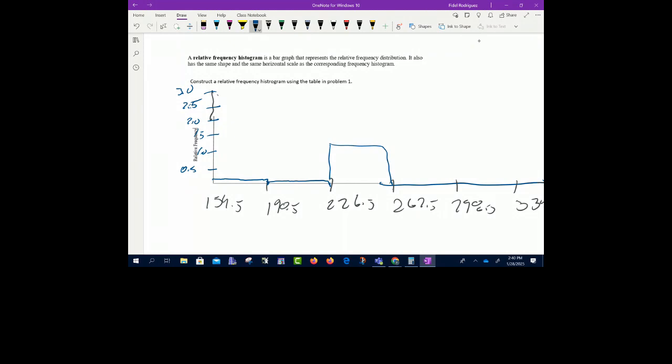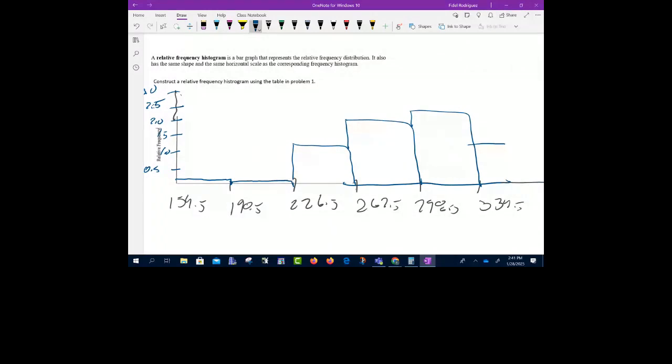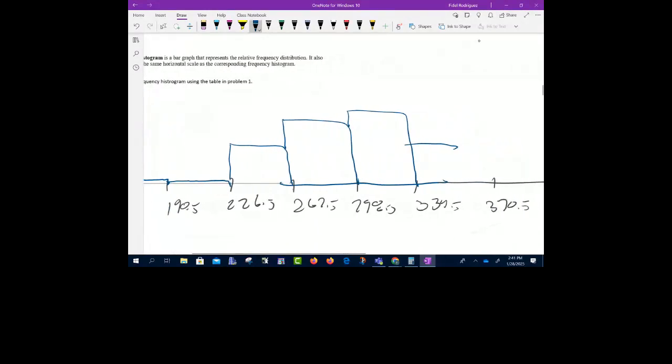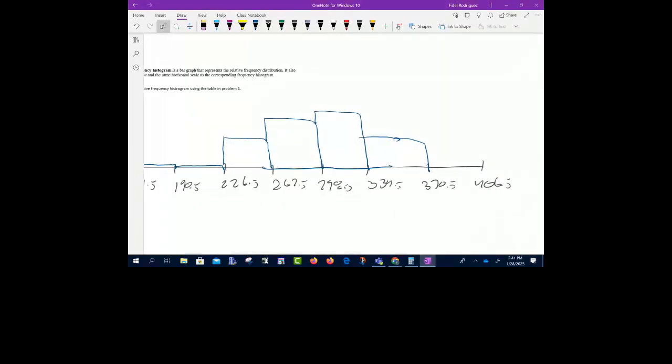Boom. 0.2, that's even bigger. Okay. 0.233, a little bit bigger. 0.133, right about here. Okay. And then finally, y'all, the last one, 0.1, back to what it was right before. 1, 2, 3, 4, 5, 6, 7.